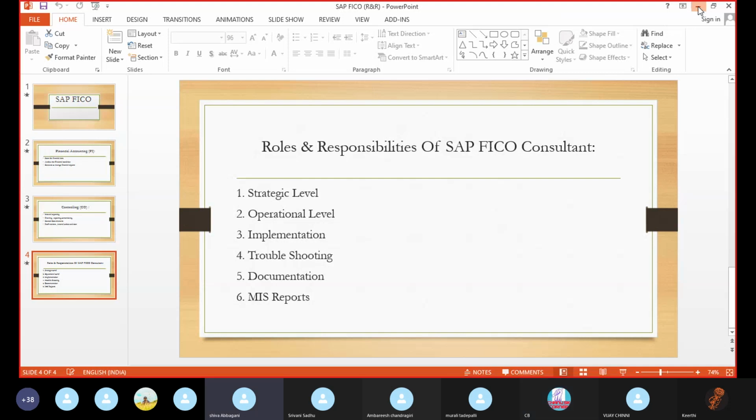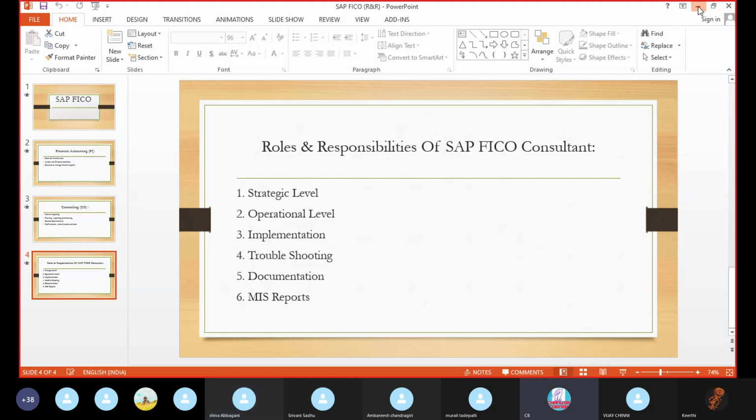The consultant also tries to understand the business worth, manufacturing process, manufacturing divisions, storage locations, and to know about the client's vendors, customers, and different OTC and P2P processes.